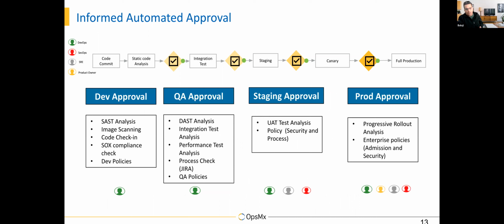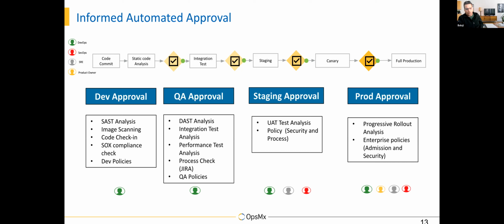Depending on who you are and where you are in the code to cloud, you have different kinds of approvals. The dev approval is different from a QA approval, which is different from a staging to production approval. The data you look at to approve from dev to QA to staging is different; each stage is different. You can see some of the things people typically look at to do approvals. There could also be policies.